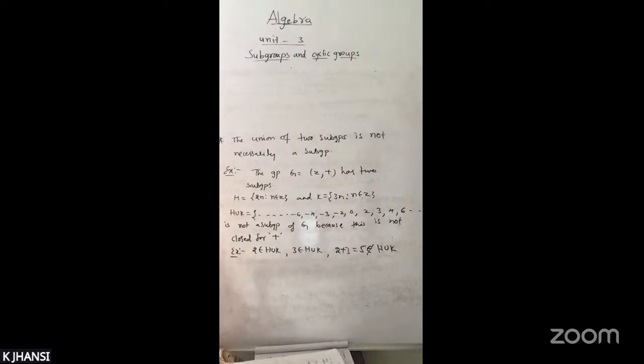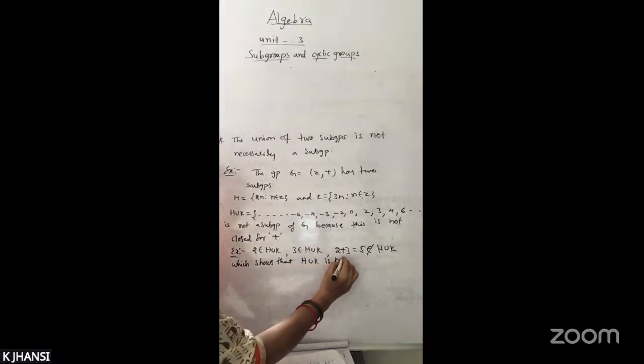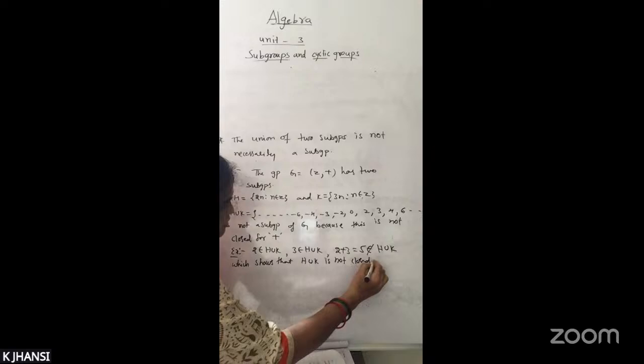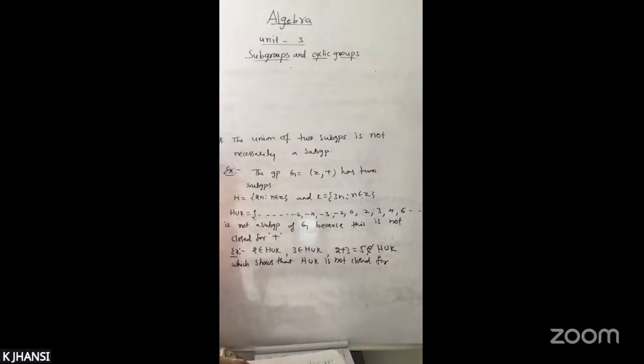This shows that H union K is not closed for addition. So the closure property is not satisfied, which means there is no need of seeing the other properties. If one property is not satisfied, it will not become a group, and automatically it will not become a subgroup.